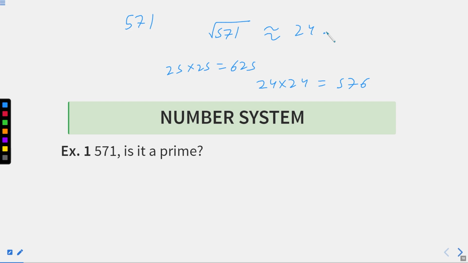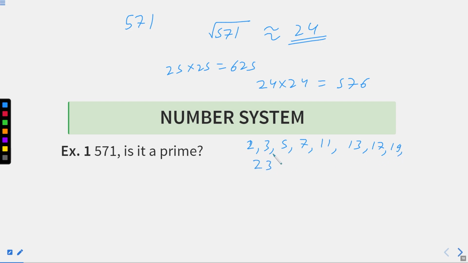Now the approximated root is 24 something, around 25. Now make a list of prime numbers less than 24: 2, 3, 5, 7, 11, 13, 17, 19, 23.